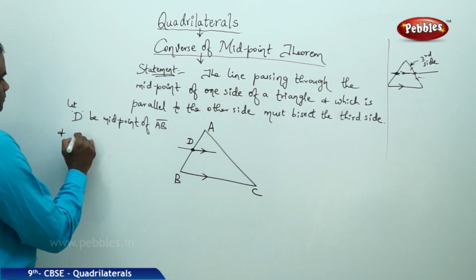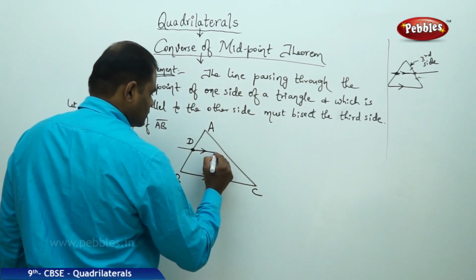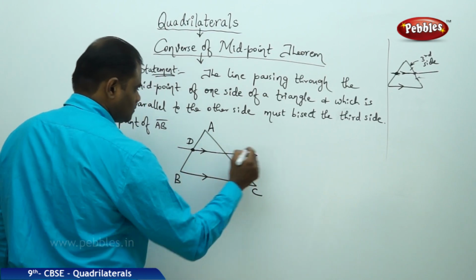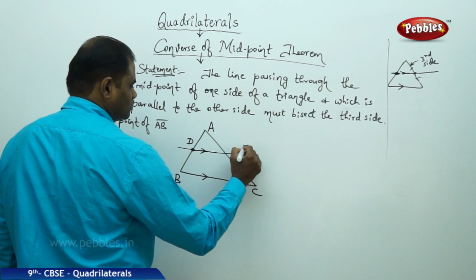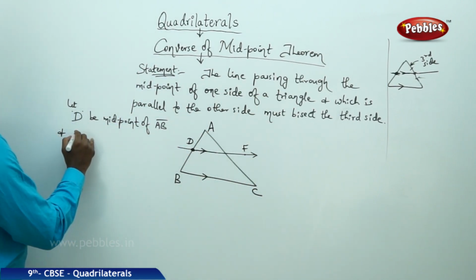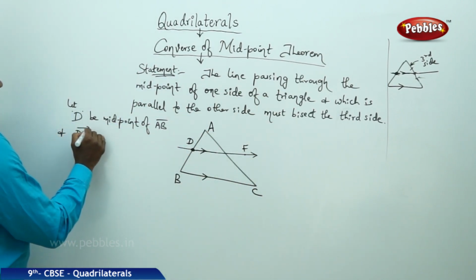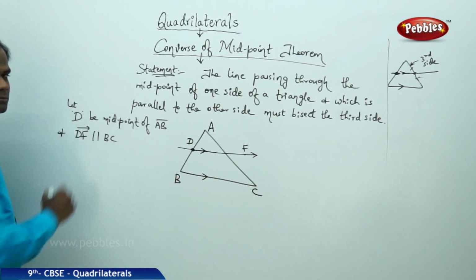And let me extend this line to be some F, and DF parallel to BC.